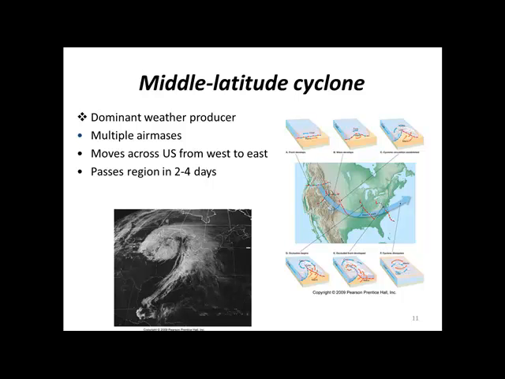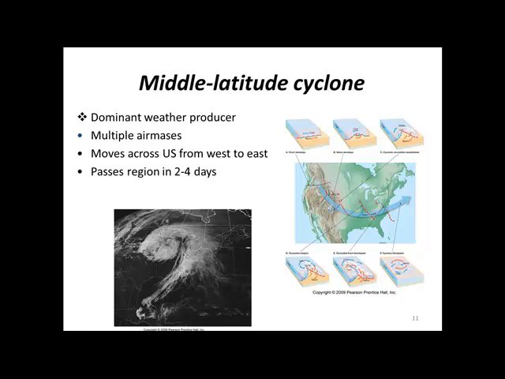As you can see in the picture to the right, this is a system with multiple different air masses moving through. It usually takes 2 to 4 days to move across the whole entire region, moves from the west coast to the east coast. You can see in the pictures that it starts out as the stationary front, and then the air starts to rotate around the low pressure area, and it becomes a separate cold front and a warm front.